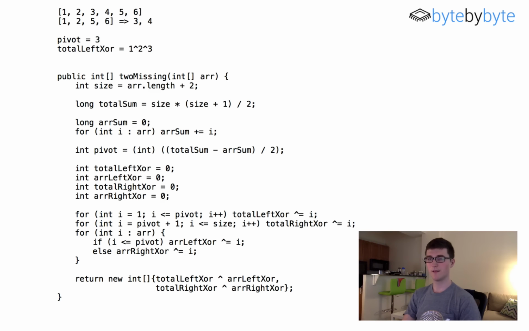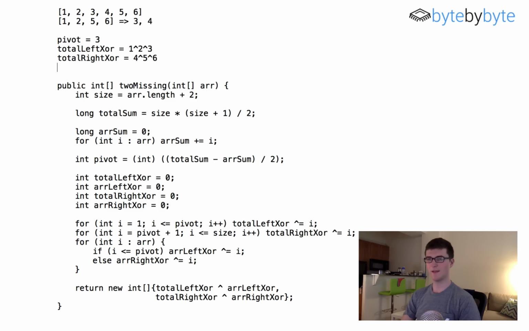Actually, let's do this in the proper order. So total right XOR is going to be equal to pivot plus 1, which is 4, to size, which is 6. So 4 XOR 5 XOR 6.